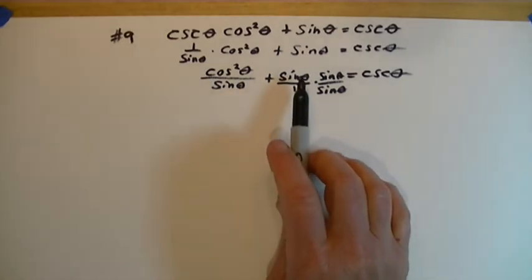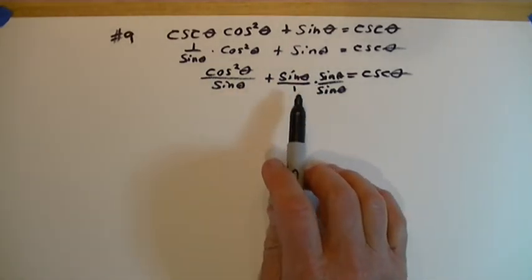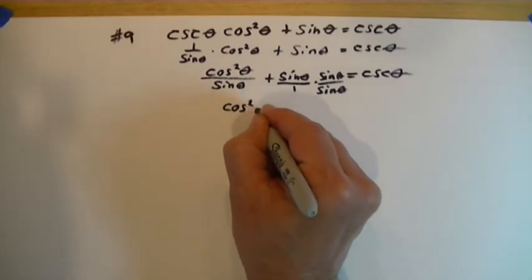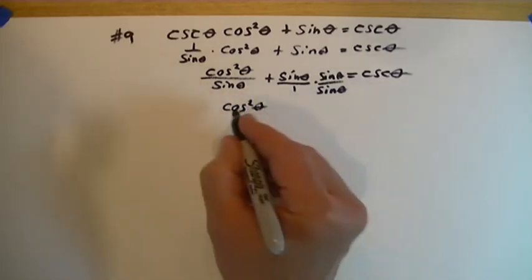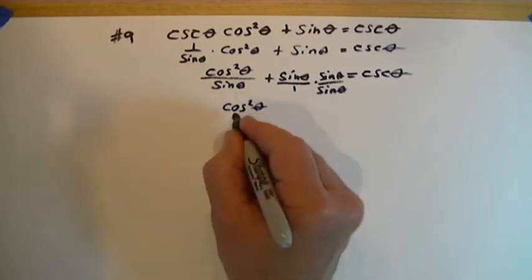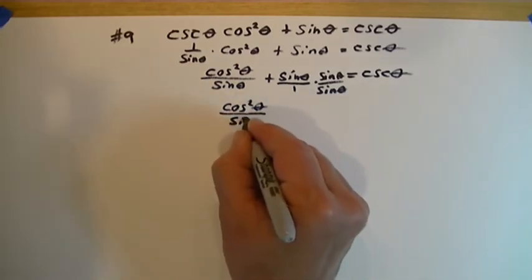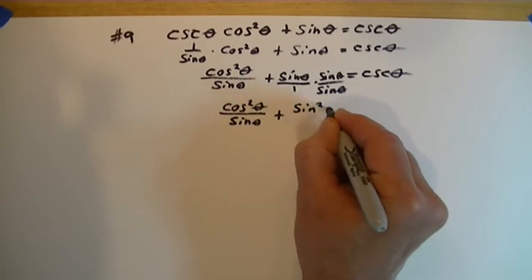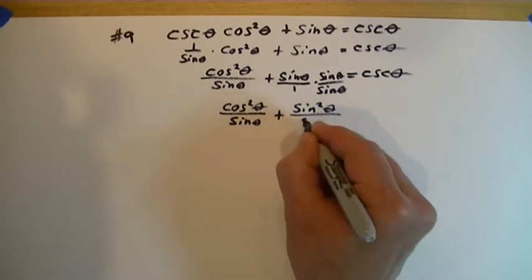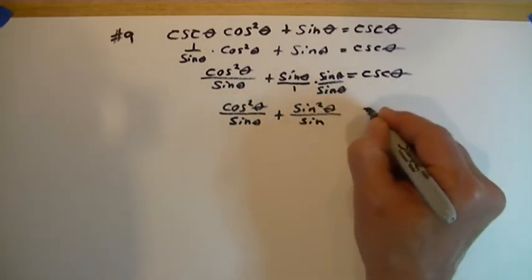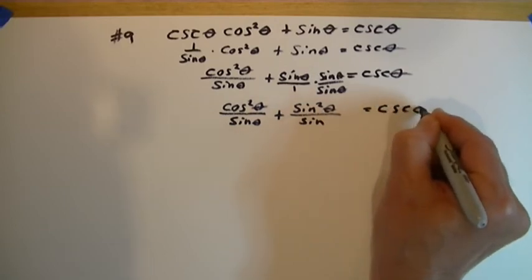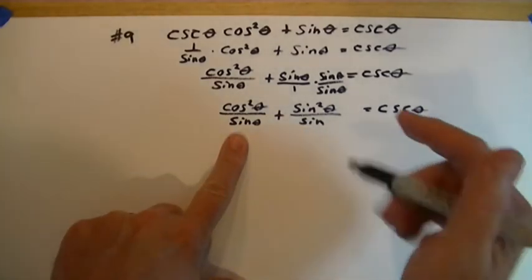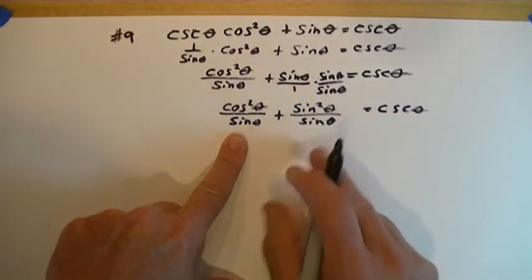Well, look what I get. I get sine squared over sine. So now I've got cosine squared, this is sine squared, this is over sine, plus sine squared. Okay. Now I can combine these two fractions. They both have the same denominator.